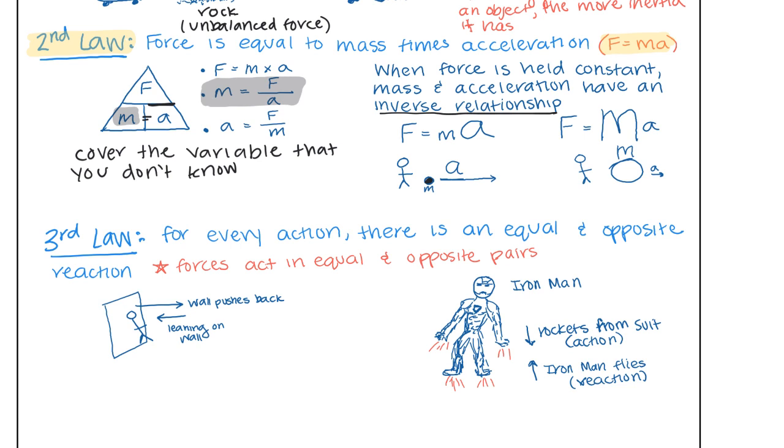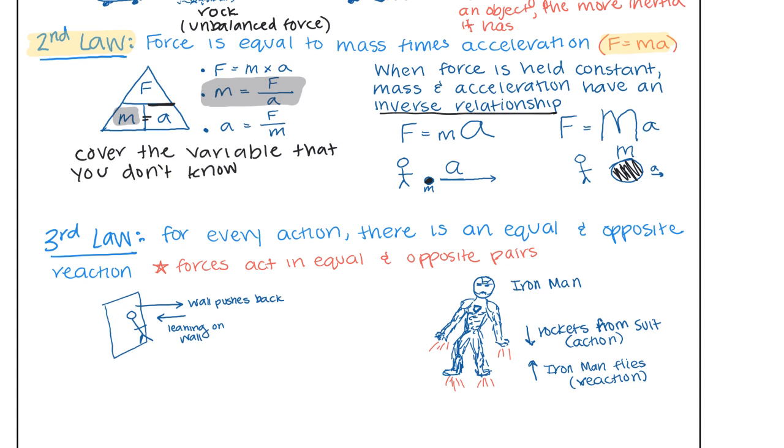In contrast, say you were trying to kick a boulder, right? That rock is almost as big as you. It's got a much bigger mass this time. So when you try to go and kick it, it's not going to experience that much of an acceleration.